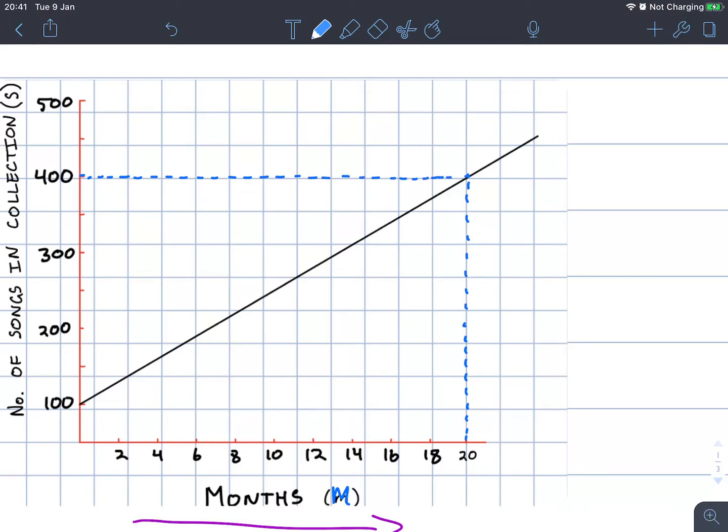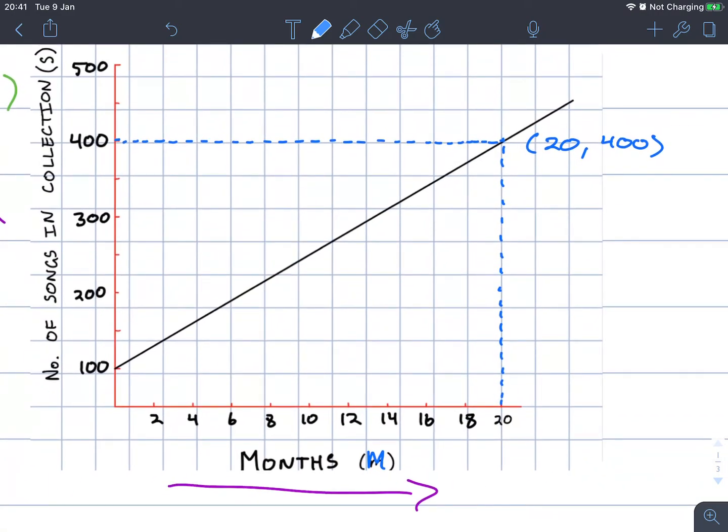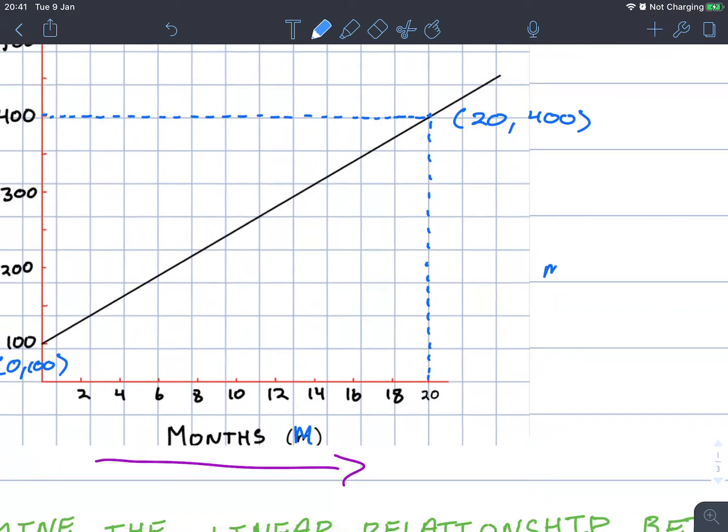So that's 20 months, 400 songs. Well, if you take a look at 0 months, we already had 100 songs. It's going to be (0, 100). So we can calculate the gradient as little m is equal to, well, that's going to be the rise over the run.